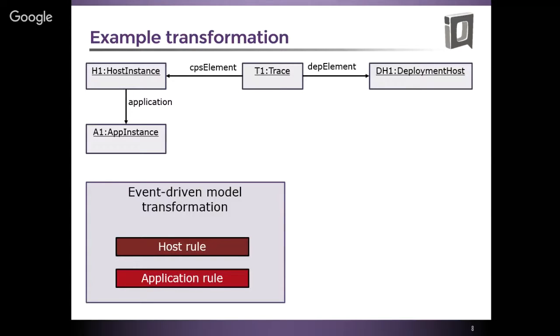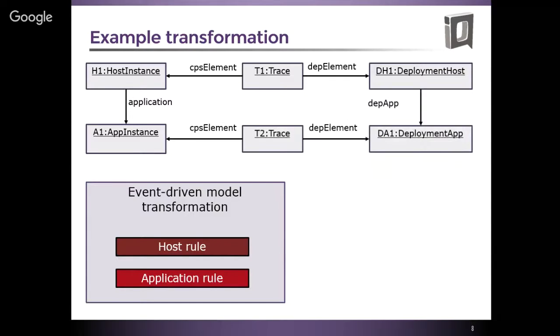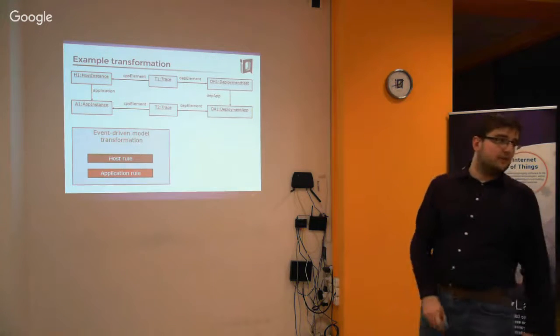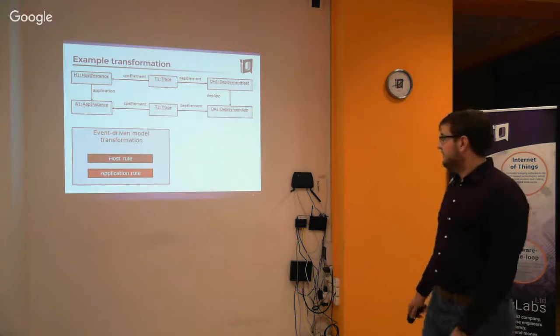The rule is similar in the case of applications. If an application instance is detected, then a deployment application instance is created and the trace relation is set between them. Also note that if an application instance is referred to by a host instance by an application reference, the deployment host associated with the host instance will also refer to the appropriate deployment application as well.